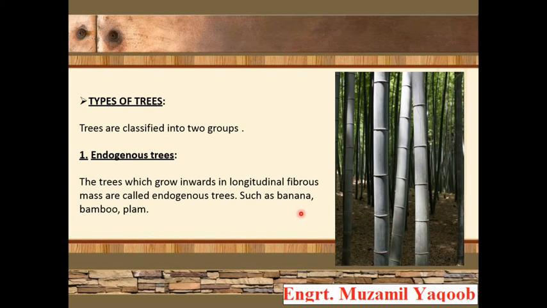You can imagine the trees of banana and bamboo, so they cannot give us wood for construction purposes. We cannot expect any kind of wood from these trees because they have longitudinal fibers and they are growing inwards.